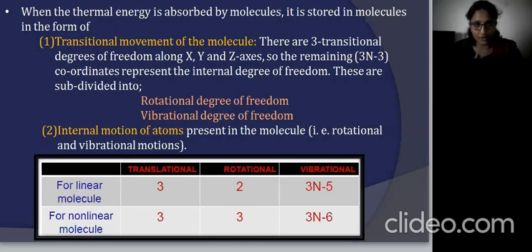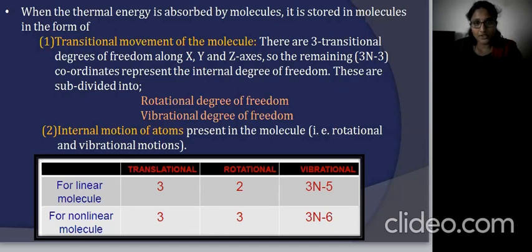If you pass UV-visible radiation, the molecule will rotate, the molecule will vibrate, as well as the electrons present in the atoms will be excited from the ground state to a higher energy state. So there will be three types of transitions observed if you pass UV radiation.